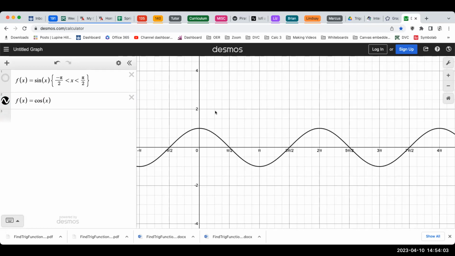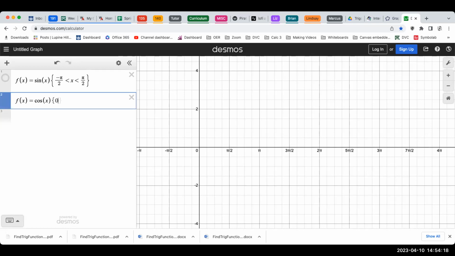For cosine, what restriction should we make so that it captures both the positives and the negatives? Notice that if we do from 0 to pi, it's one-to-one now, and it captures all the y values in my range from -1 to 1. Those are the ones that we're going to be using to make these one-to-one.